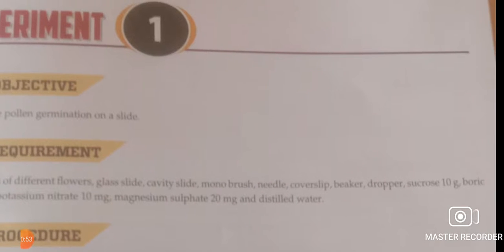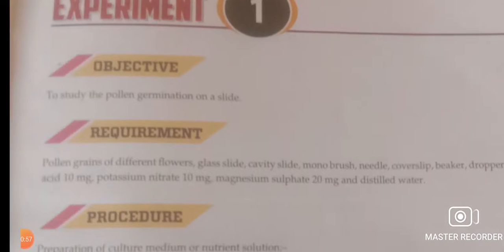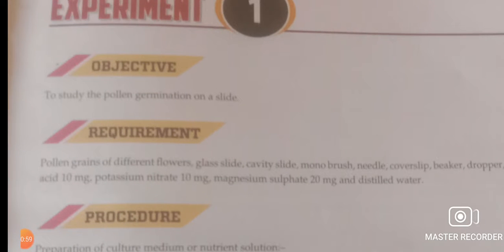Then we have to make a solution containing sucrose 10 gram, boric acid 10 milligram, potassium nitrate 10 milligram, magnesium sulfate 20 milligram and distilled water. So this is actually the nutrient solution. Instead of that, we can simply use the sugar solution also. So we are doing with the sugar solution.